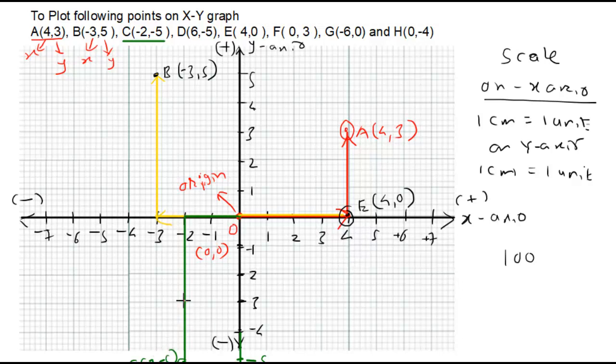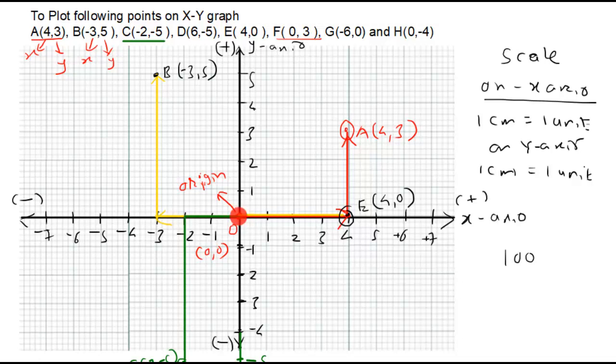Let us plot the F point, this point. We start from the origin here. We don't have to travel along the x-axis because the x coordinate is 0. We have to travel along the y-axis 3 units on the positive side.